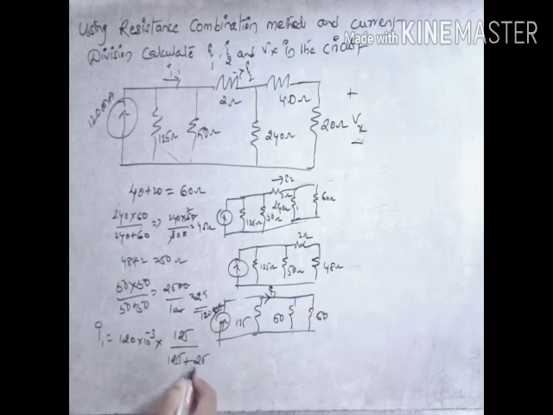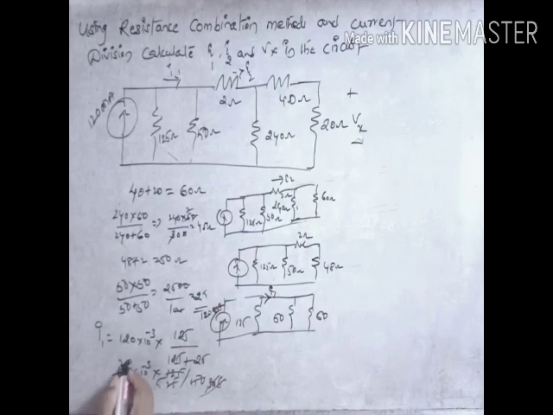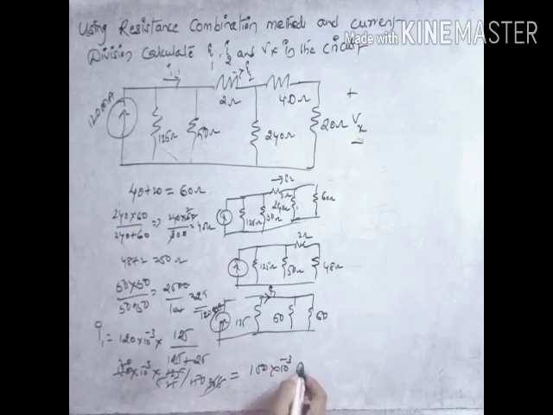So 120 into 10 to the power minus 3 into 125 by 150, which gives 100 milliamperes. This is I1.